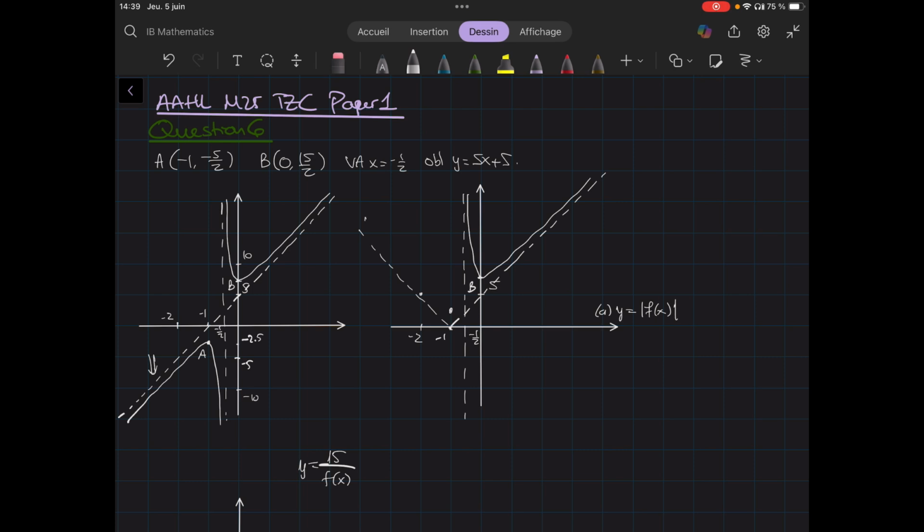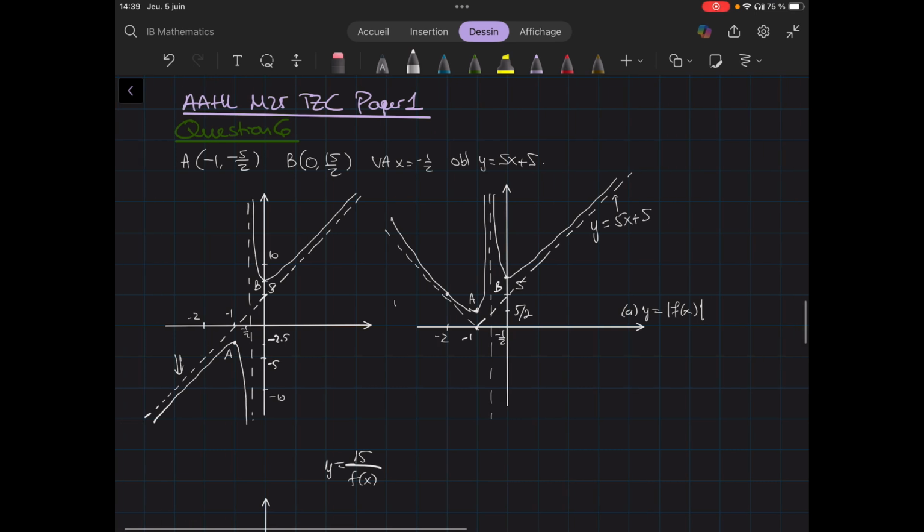So it's gonna go from the top, following the slant asymptote all the way down to the minimum, going back up. This is point A, this is 5/2. The equation of this slant asymptote is 5x plus 5. The equation of the other one would be -5x minus 5.